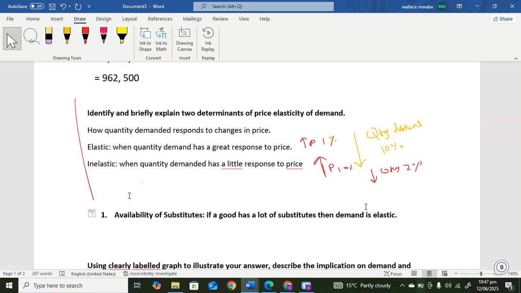So when the price of Coca-Cola rises by 10%, the quantity demanded might drop by a big amount, maybe 20%, 30%, because people are buying the cheaper soft drinks. So if there are more substitutes around, demand is elastic.